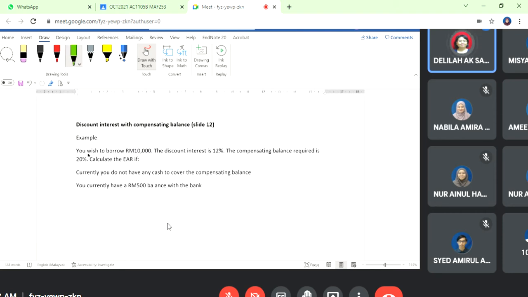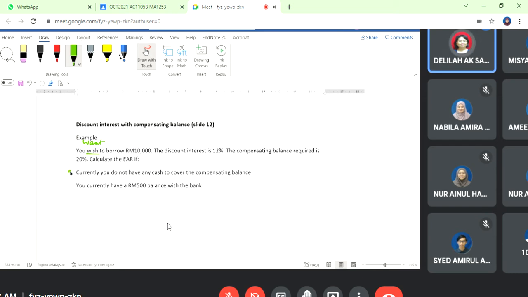So here perkataan yang digunakan adalah wish, adalah sama dengan want. So you want or you wish to borrow 10,000 ringgit. Discount interest 4%, compensating balance 20% of the amount borrowed.